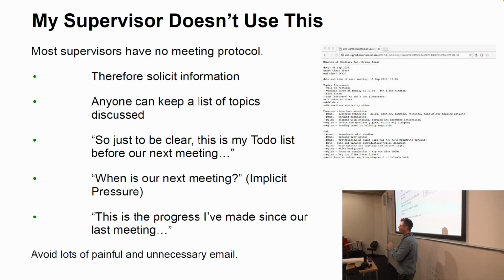Or what do you think I need to do before our next meeting? Can we discuss that? If you say these words in a meeting, your supervisor is going to be absolutely shocked. They're going to be like, I've never had a student like this, so intelligent in my meetings before. They will be absolutely shocked.